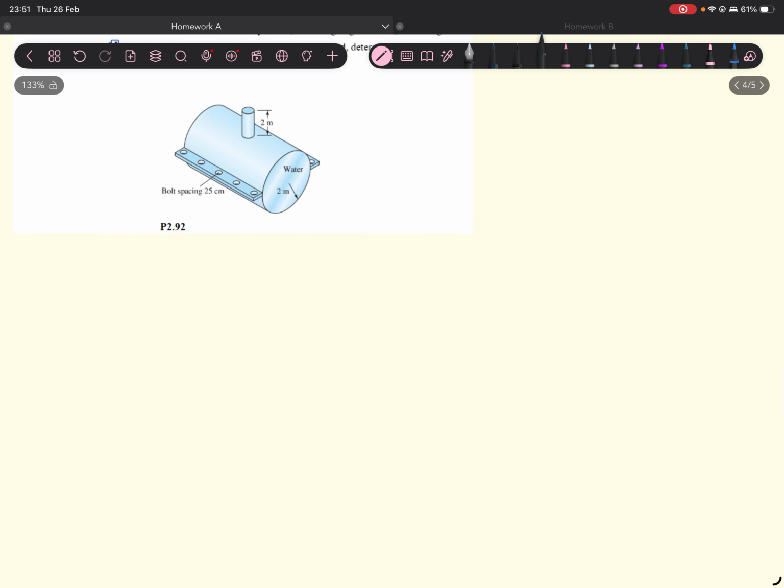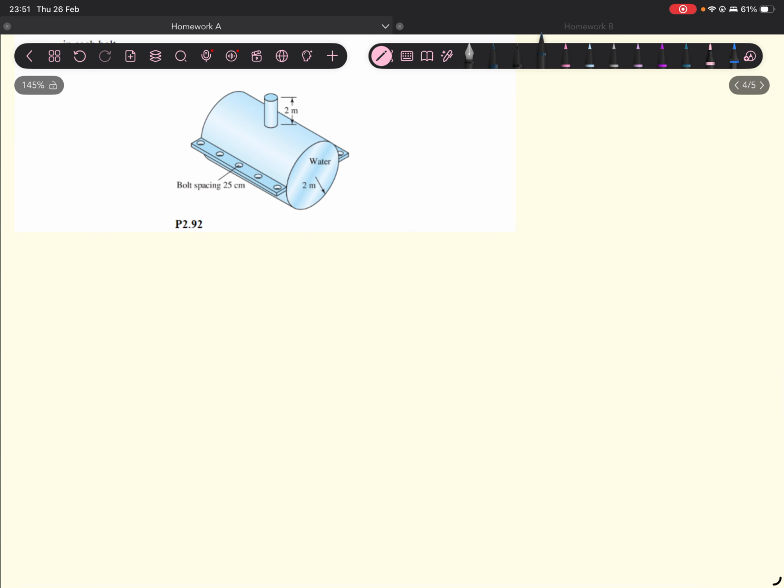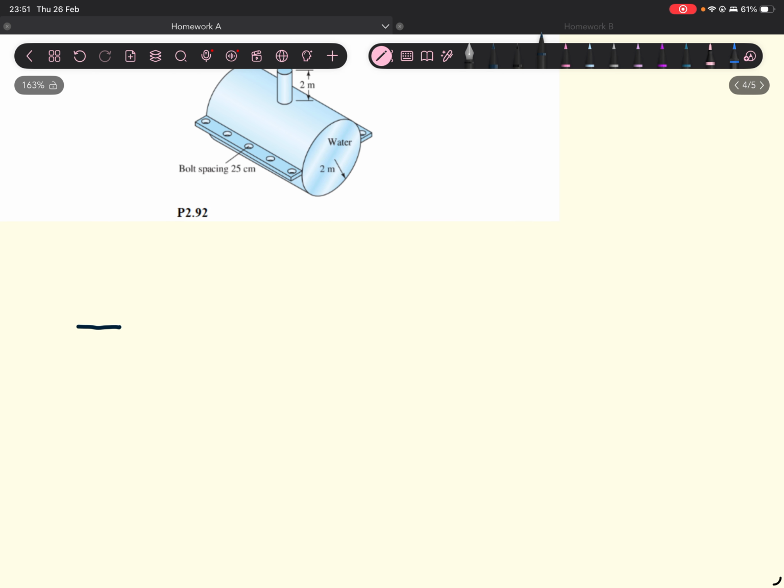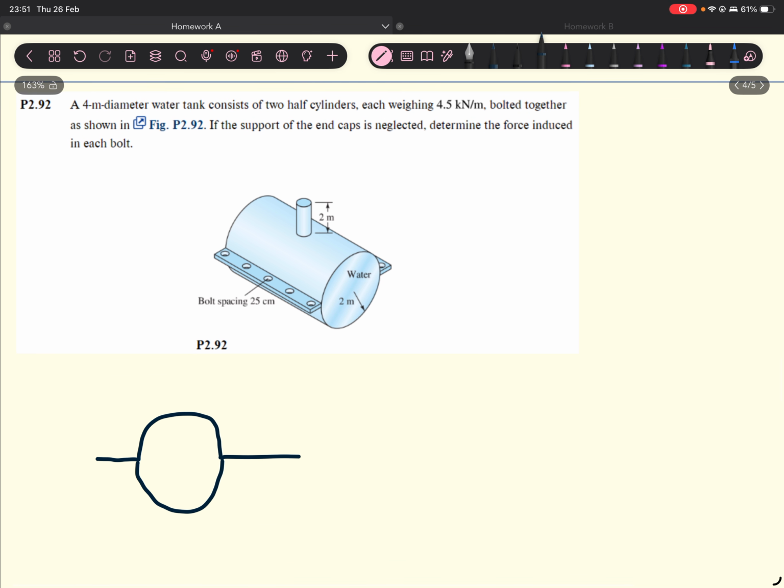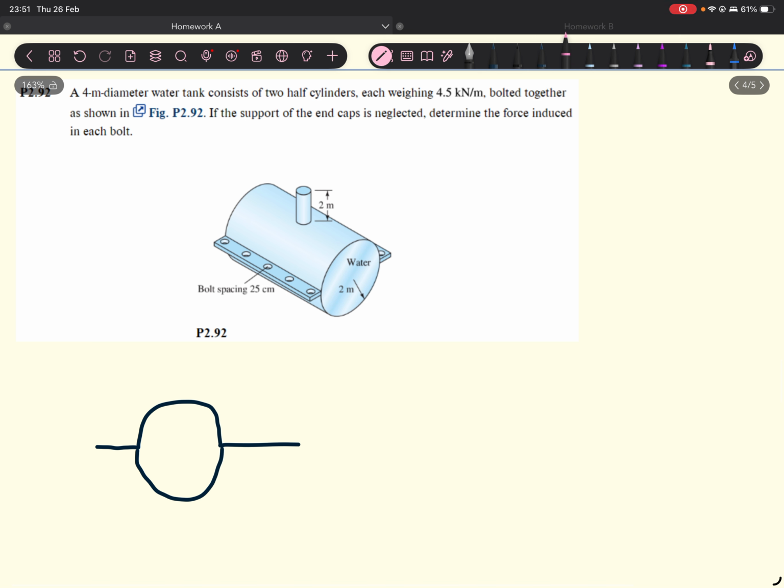Okay, so we can draw our free body diagram, but before we do so, let's try and visualize what the pressure in the whole tank would look like. So at the top over here, you'd have pretty modest amounts of pressure, but then as you start to decrease in height, your pressure would get larger and larger.